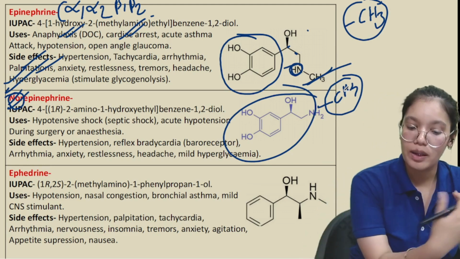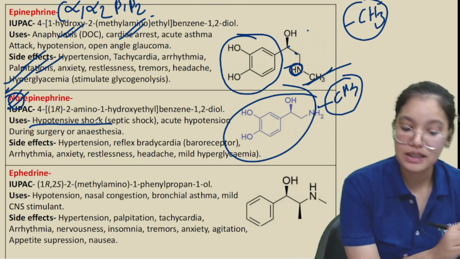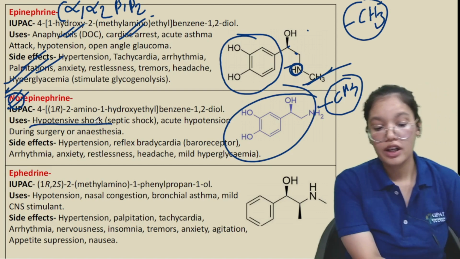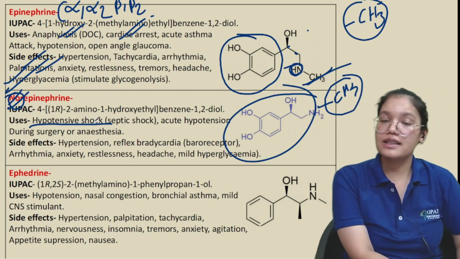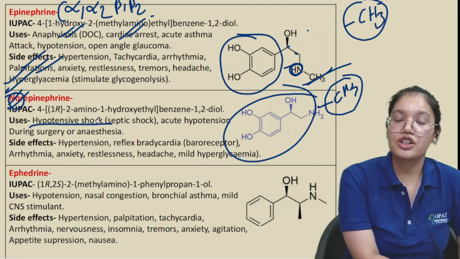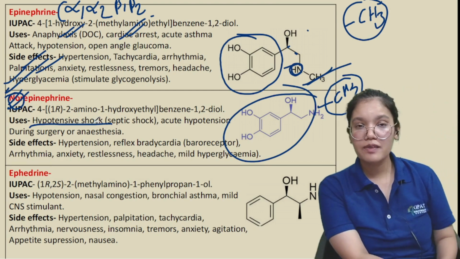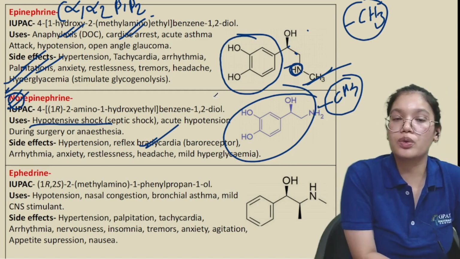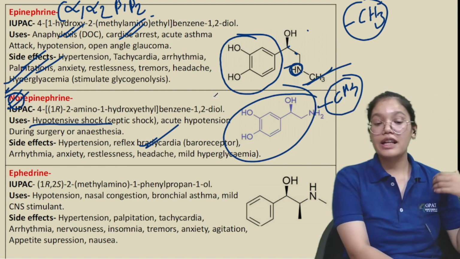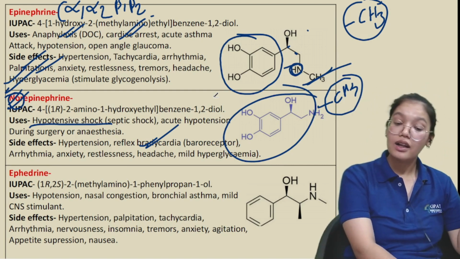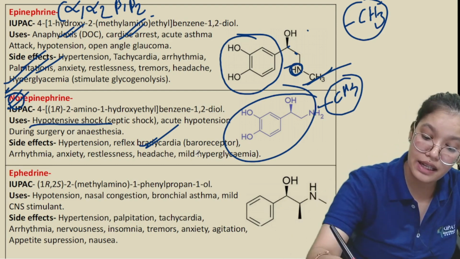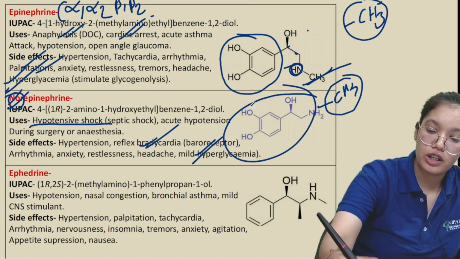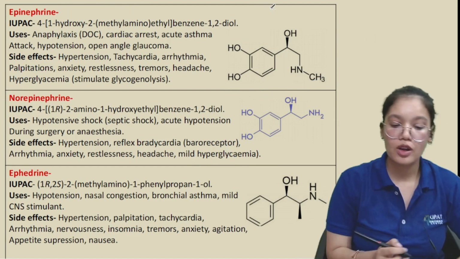So that is norepinephrine. Uses: hypotensive shock, septic shock, acute hypotension during surgery or anesthesia. Whenever it is needed for those conditions, we can use norepinephrine. Side effects: hypertension, then reflex bradycardia due to the baroreceptor reflex, then arrhythmia, anxiety, restlessness, headache, mild hyperglycemia can also be caused as a side effect of norepinephrine.